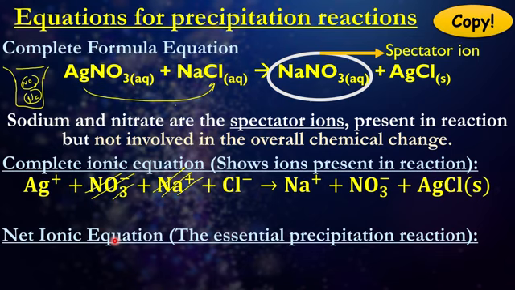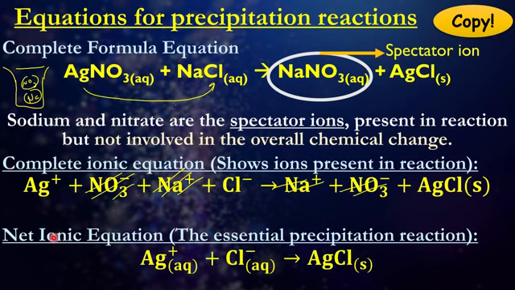So I can cancel these out, and also I can cancel it out on the other side as well. And I can rewrite the net ionic equation, which just tells me the essential ions that create this precipitate. So Ag plus, Cl minus, AgCl(s).